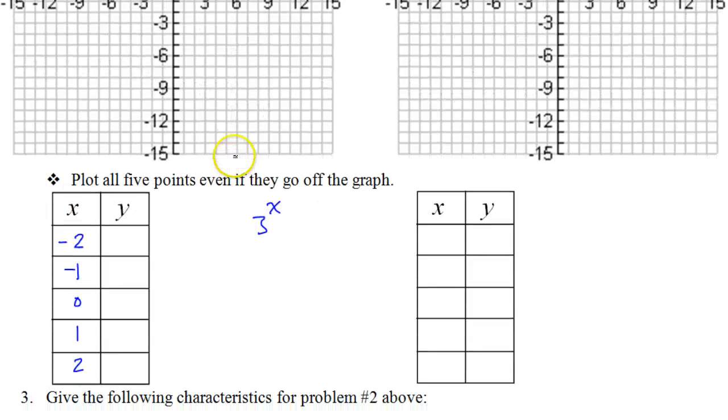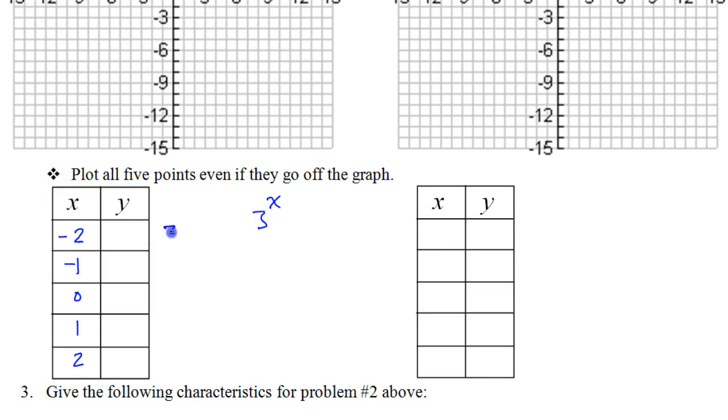Okay, so that means we're doing 3 to the -2 power, 3 to the -1 power, 3 to the 0 power, 3 to the 1 power, and 3 squared. Well, 3 to the -2 power is 1 over 3 squared, so that's 1 over 9.